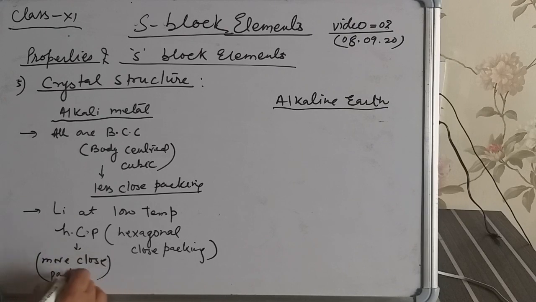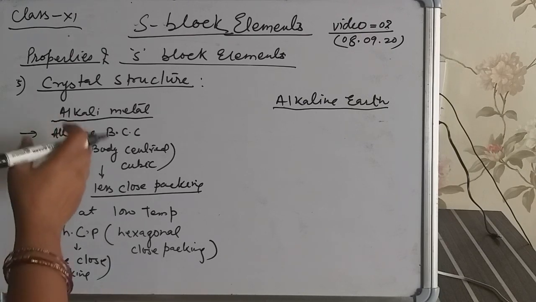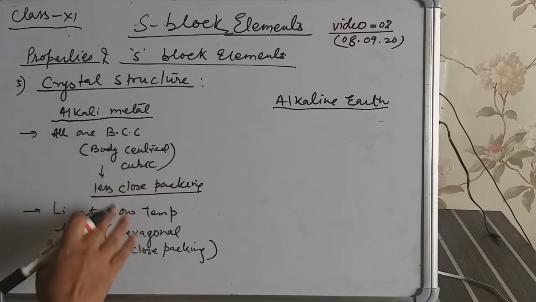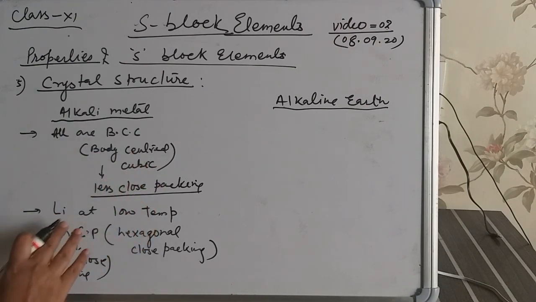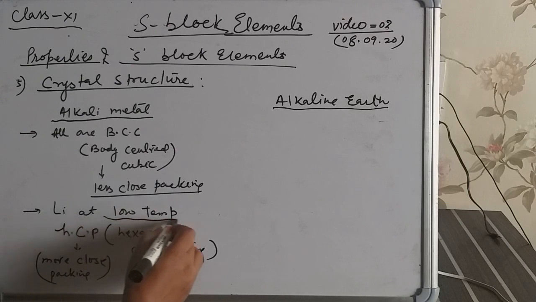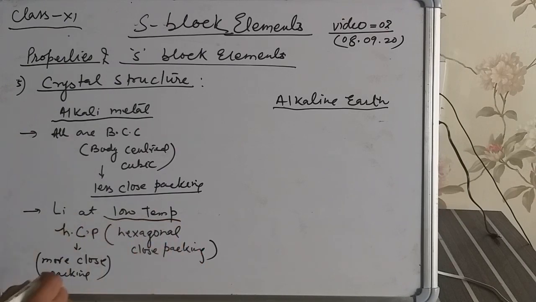Why is sodium soft, potassium soft, and other elements hard? These characteristics depend on their lattice structure, their crystal structure, how they are packed. So alkali metals are mostly BCC in structure, except lithium, which at low temperature exists in hexagonal close packing, a more close packed structure.